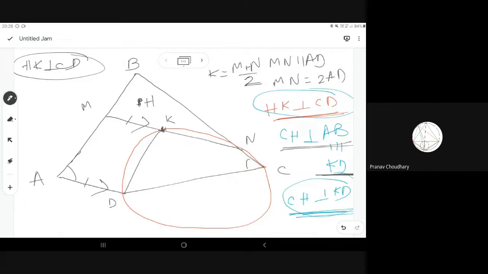Now, which one makes more sense? The line AC isn't even really drawn in the diagram yet. I think we should try to prove AH is perpendicular to BC, because it just makes way more sense in a way. So what else can you do with the configuration?